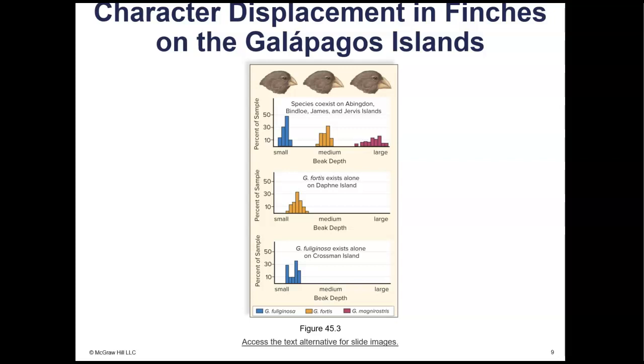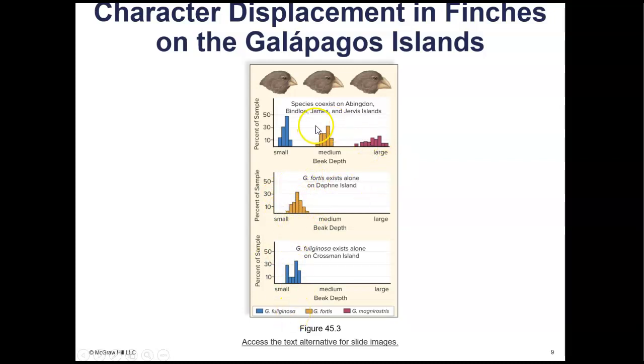What we tend to see is that no matter what the species, most of the finches will have this intermediate size beak, and they'll tend to eat small seeds. So this is showing you small, medium, and large food in the form of seeds. When they live alone, they tend to have an intermediate beak and feed on the small seeds.